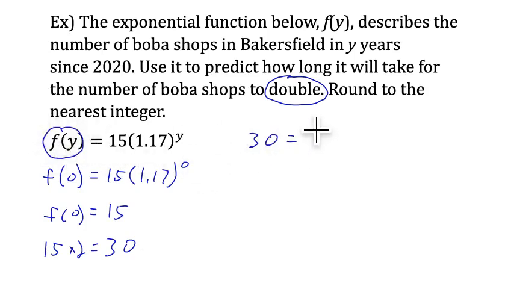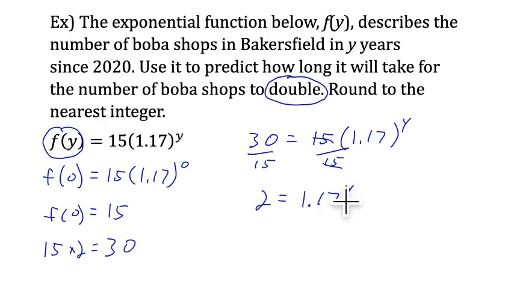And that will equal 15 times 1.17 raised to the power of y, because we don't know how many years yet that it's going to take to get to 30 boba shops. Let's get this exponential term by itself, so we'll divide by 15. 30 divided by 15 equals 2, closely related to the word double there.